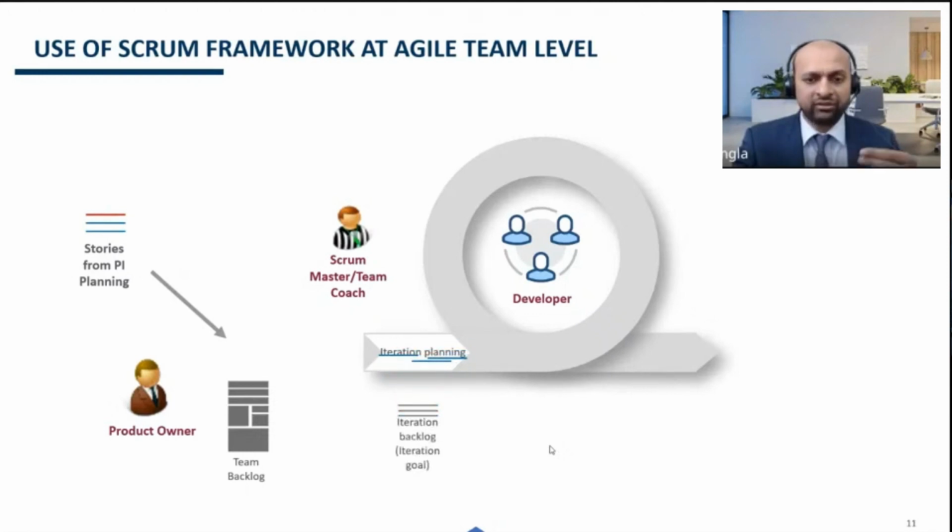The next step is to match the capacity available during this iteration to the effort which is required to deliver these stories.